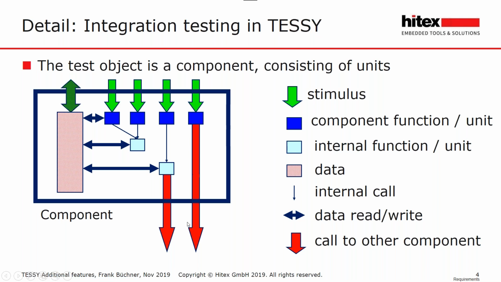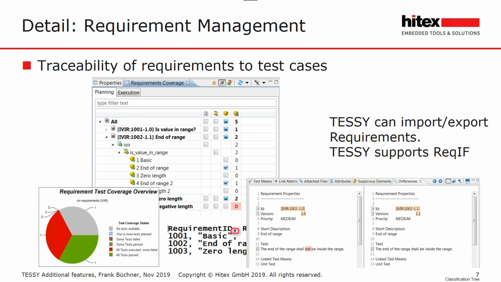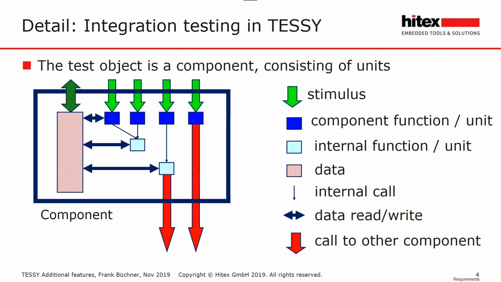So that's roughly the integration testing feature of Tessy in an abstract way. So a component is a test object of integration testing. Where do you need it? For instance, for a stack, where you have push and pop operations, which you need to test integrated.